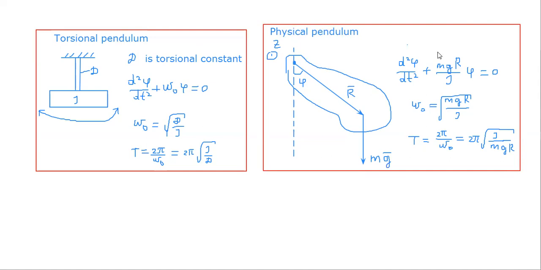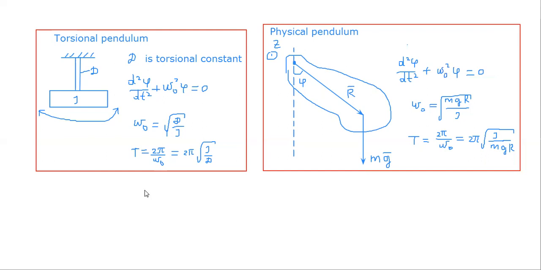So it is necessary to change, it is necessary to write this omega 0, or in this case, omega 0 to the power of 2. Sorry, I have made a mistake. Omega 0 to the power of 2, of course.